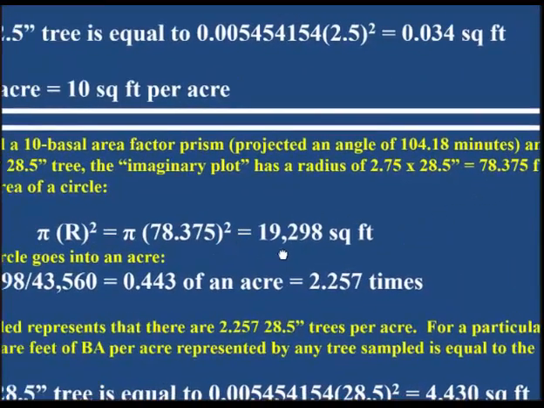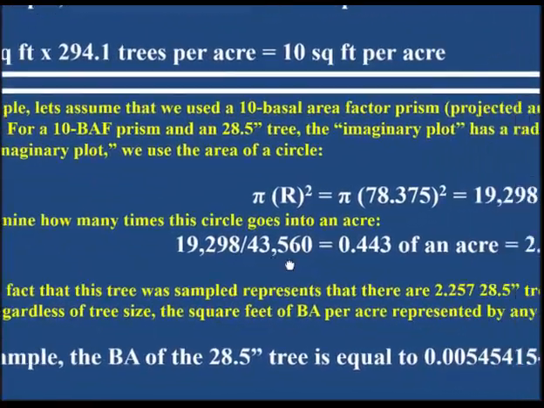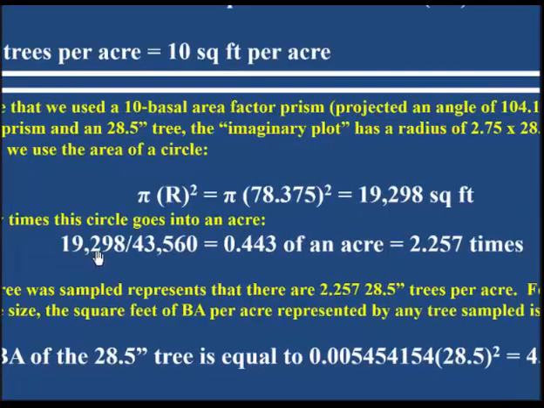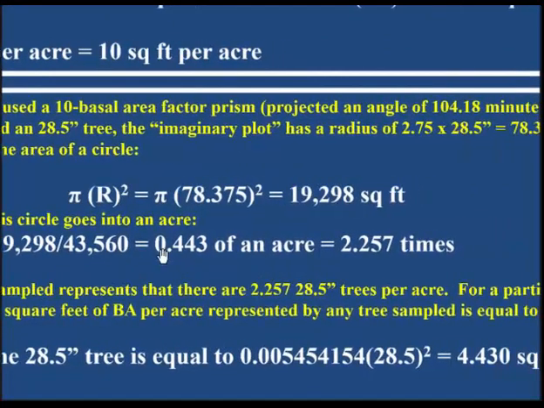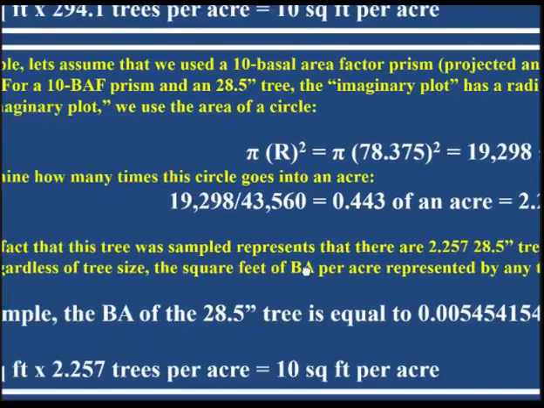It's 19,298 square feet. To determine how many times the circle goes into an acre, 19,298 divided by 43,560, that's 0.443 of an acre. How many times does that go into an acre? Well, 1 divided by 0.443 is 2.257 times.